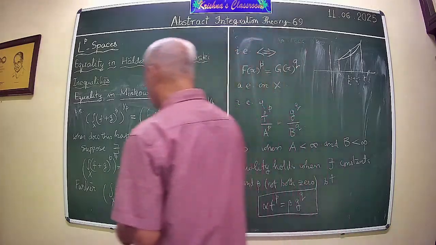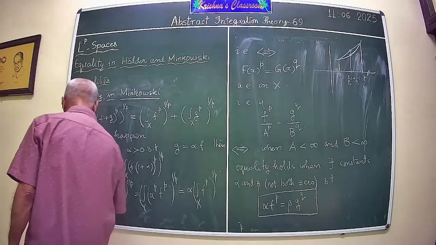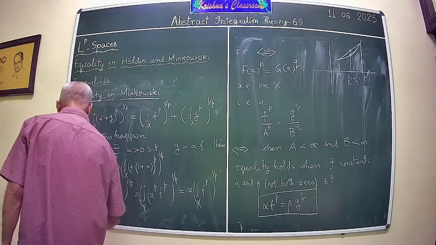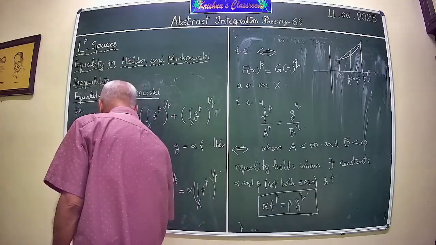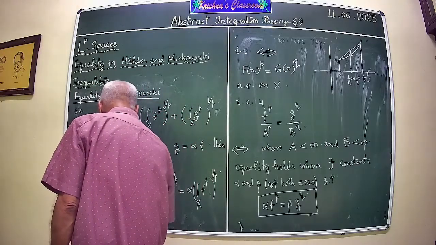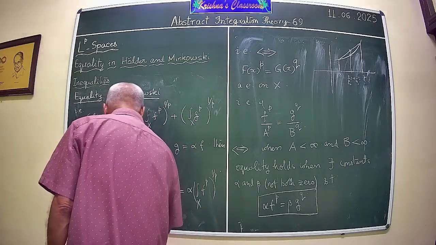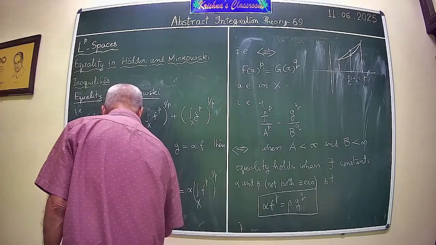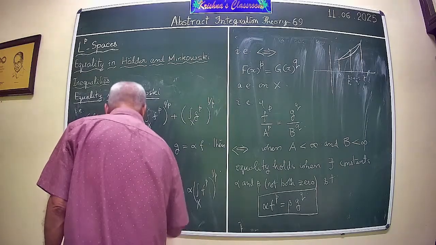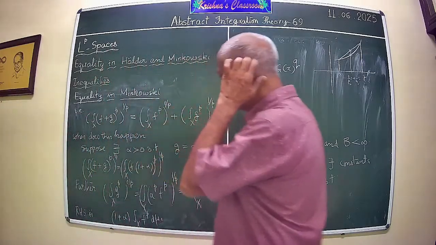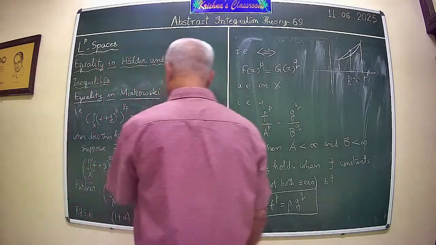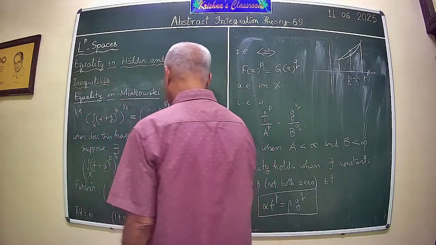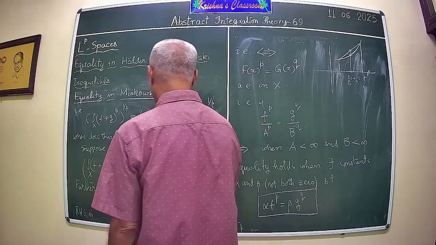Therefore, hence the right hand side is actually 1 plus alpha times the integral. Now consider this one. Now this is equal to 1 plus alpha to the power p, to the power 1 by p.